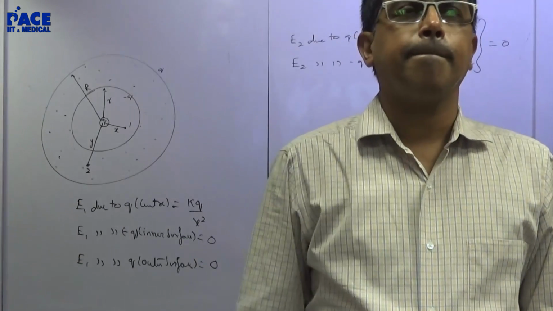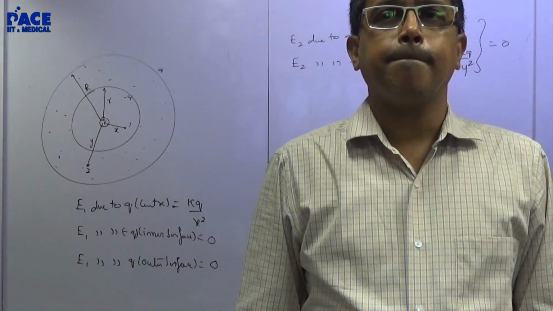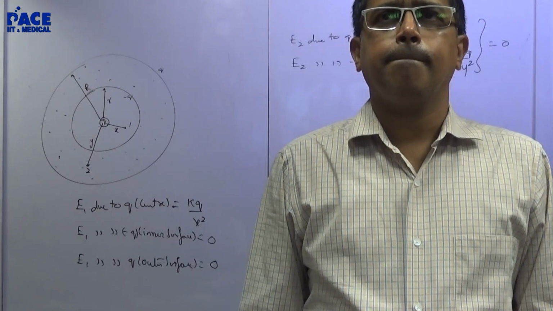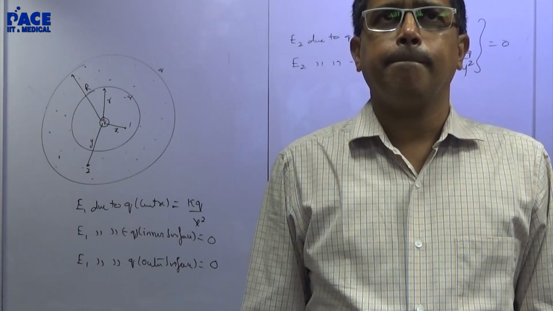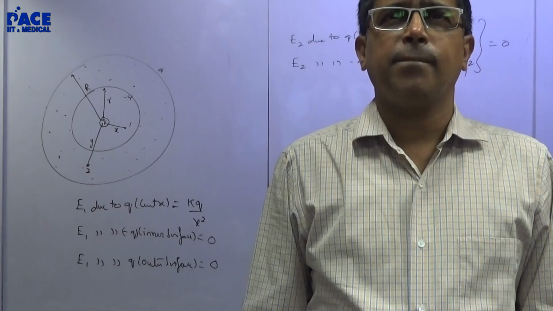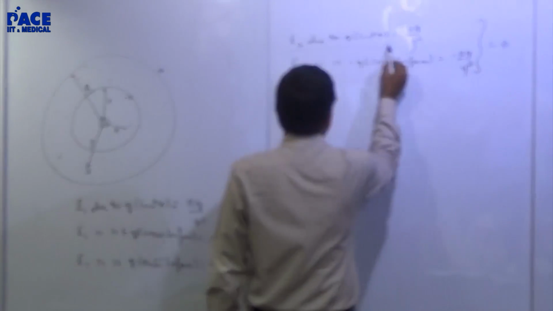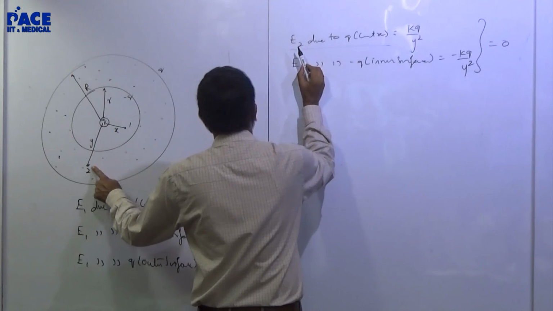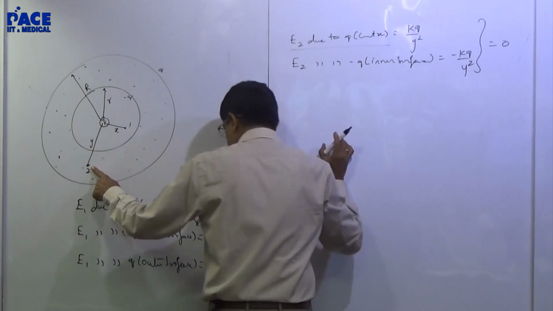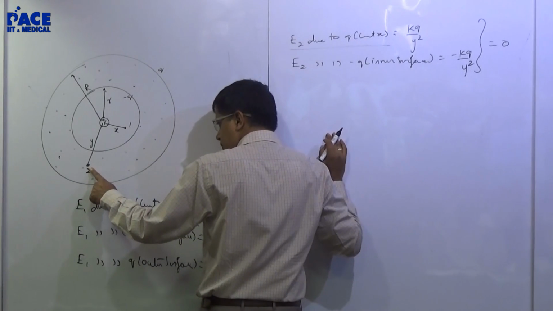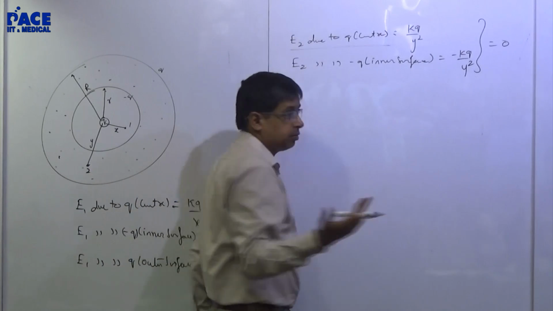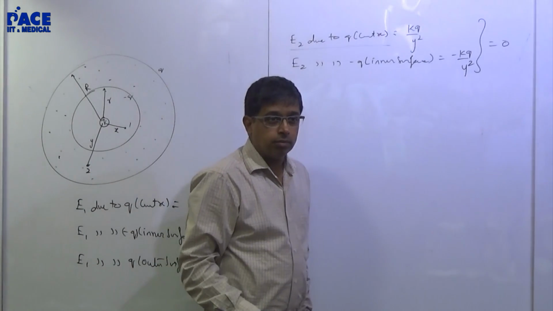Sir, it is fundamentally correct, because if it gets cancelled, then our null point is created. Then please answer my first question. Field at 2 due to Q at the center. Sir, due to Q it will be KQ by R square.